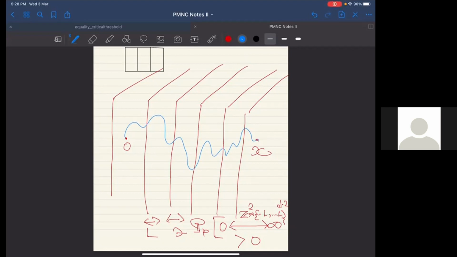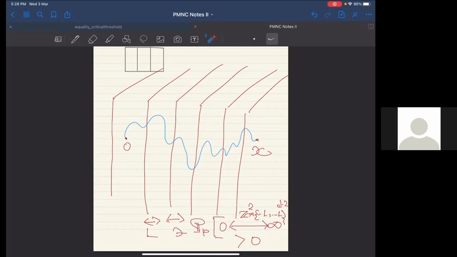Because everything is independent, all these layers are independent, you can argue carefully, but the idea is that in each layer it costs you a positive probability not to connect to infinity. You're paying a probability cost at each slab, and the assumption of independence is crucial in this argument.